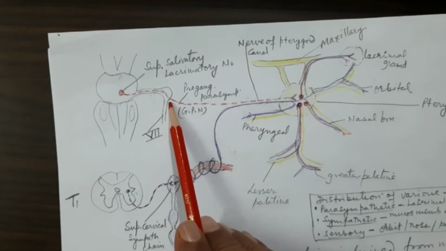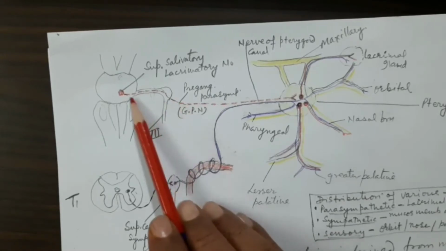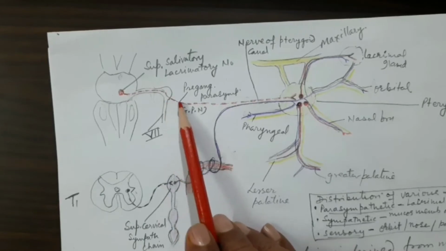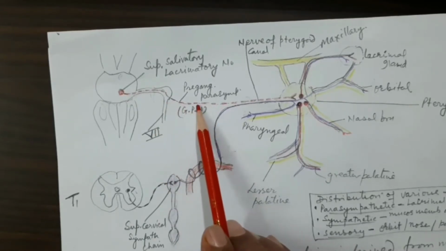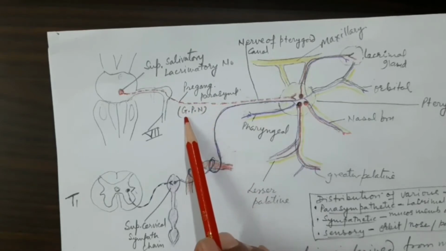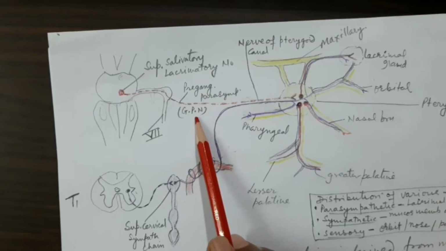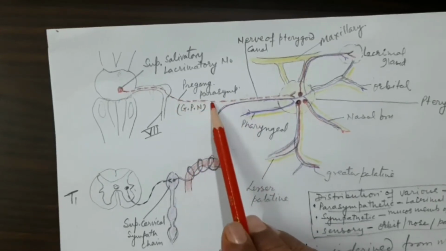This is the genu of the facial nerve in the petrous temporal bone, from where these preganglionic fibers leave the genu of the seventh nerve and come into the middle cranial fossa as the greater petrosal nerve. This lies on the anterior surface of the petrous temporal bone.